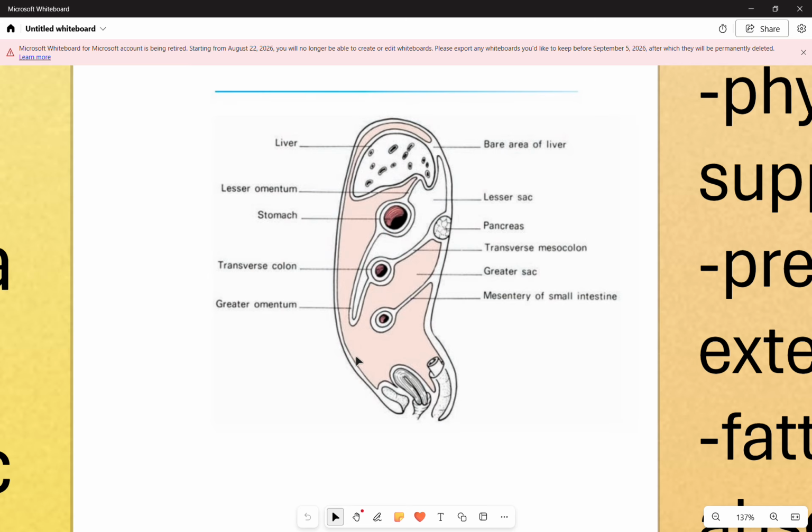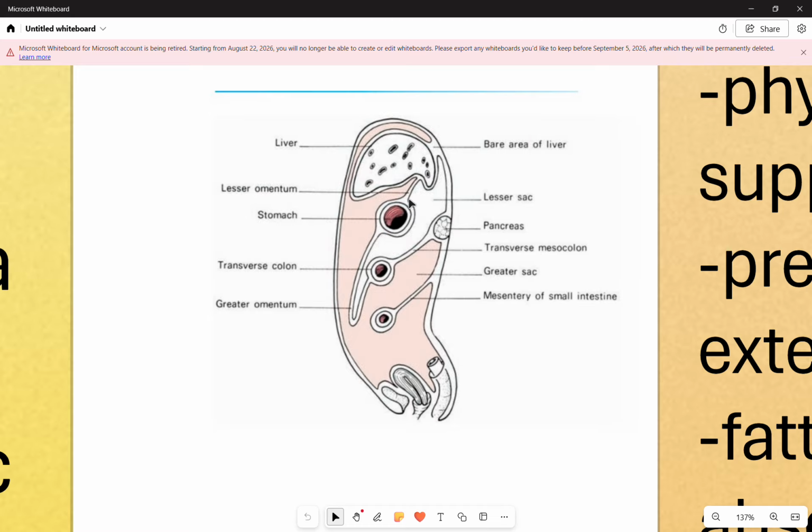This is the parietal layer of the peritoneum. And the visceral layer which covers the viscera. The lesser omentum is the fold of peritoneum from under surface of the liver to the lesser curvature. This is lesser omentum.